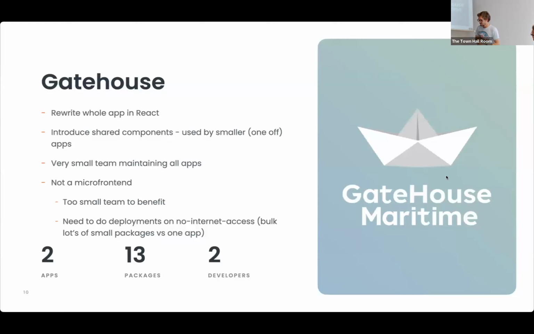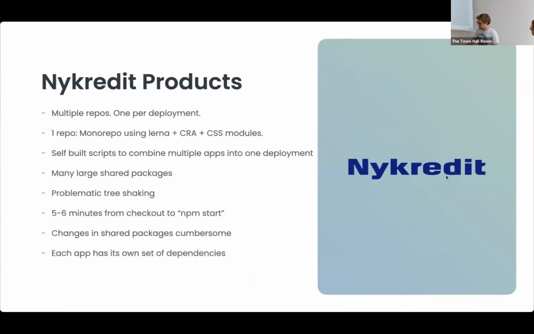And we also needed to be able to do the deployments in places where there's no internet access. So it didn't really give much benefit. So we ended up doing, right now it's 2 apps and I think 13 packages or something like that. They can also share API packages as well, which is really nice.